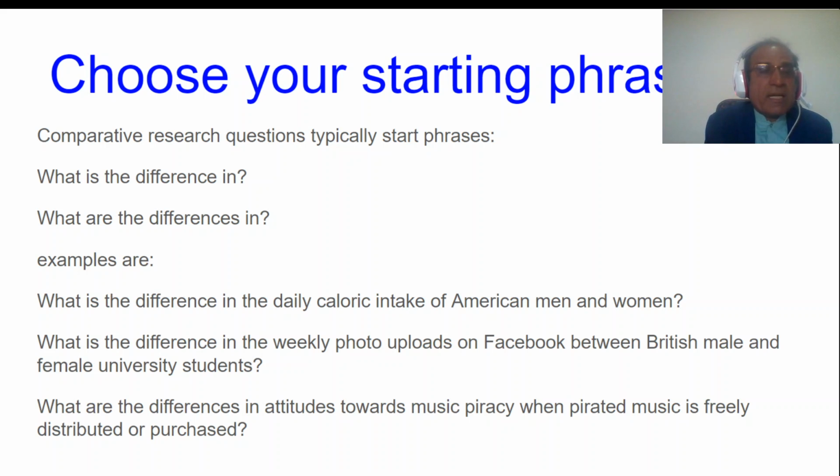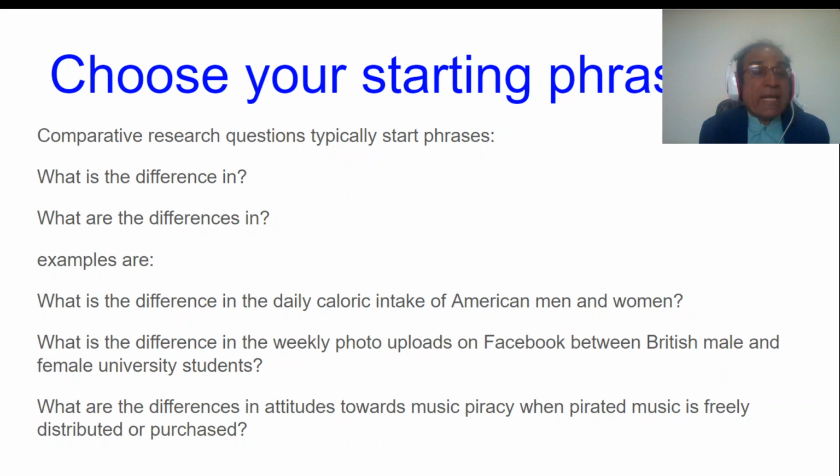What is the difference in the daily caloric intake of American men and women? Another example is: what is the difference in weekly photo uploads on Facebook between British male and female university students? What are the differences in attitude toward music piracy when pirated music is freely distributed or purchased?